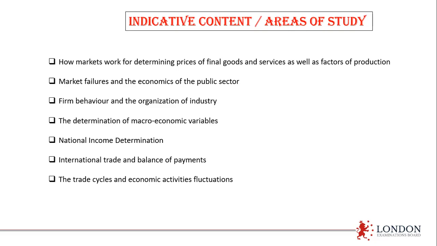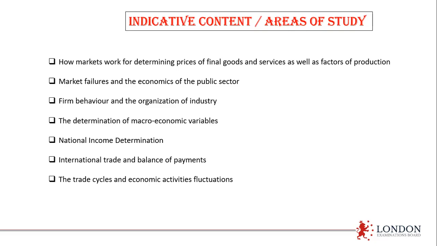So when we're looking into the determination of macroeconomic variables, you're going to learn about all these things. Next, you're going to learn about national income determination, whereby you're going to learn about total revenue, total cost, profit, explicit cost, implicit cost, fixed cost, variable cost, average cost, right?